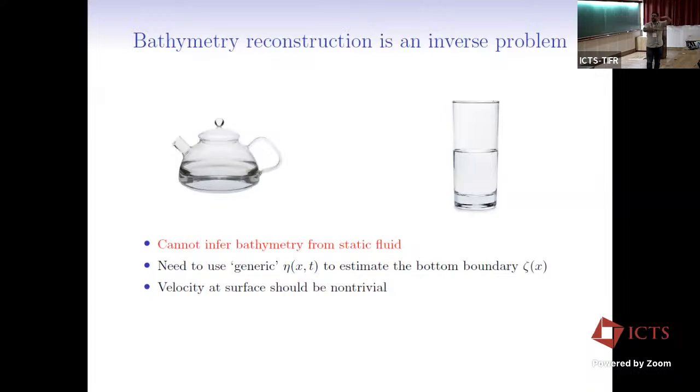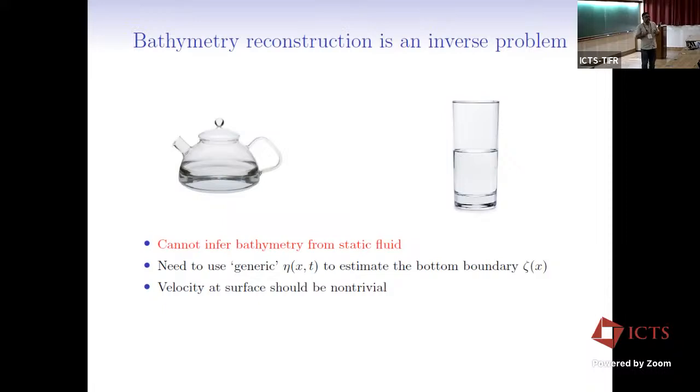You can't find the bottom boundary when the fluid is static, which is to say we need to use generic time-dependent, spatially dependent data. Don't use some special symmetric data set that has some special property. You won't be seeing everything that's happening at the bottom. What it also says is that the velocities at the surface should be non-trivial.